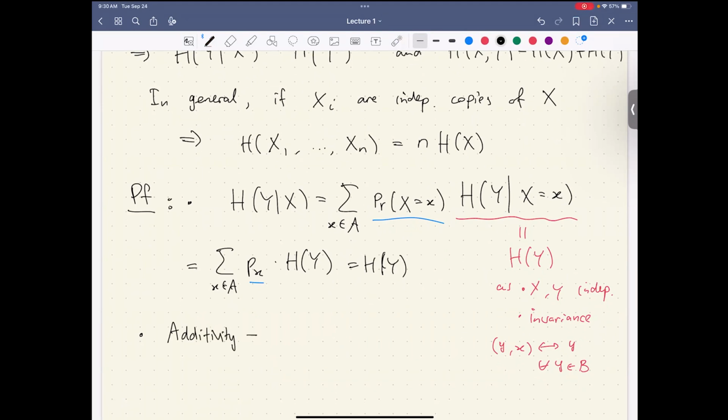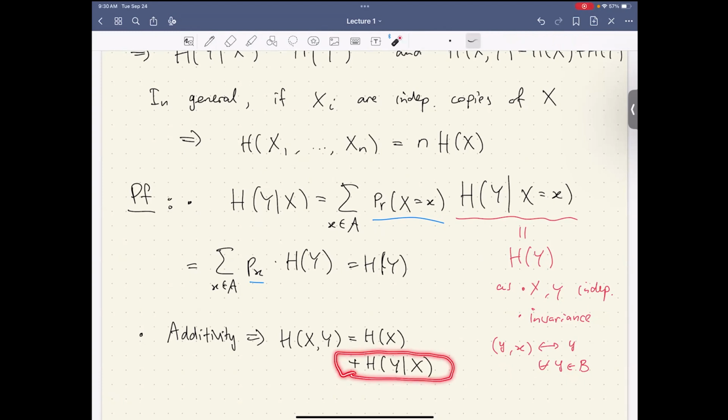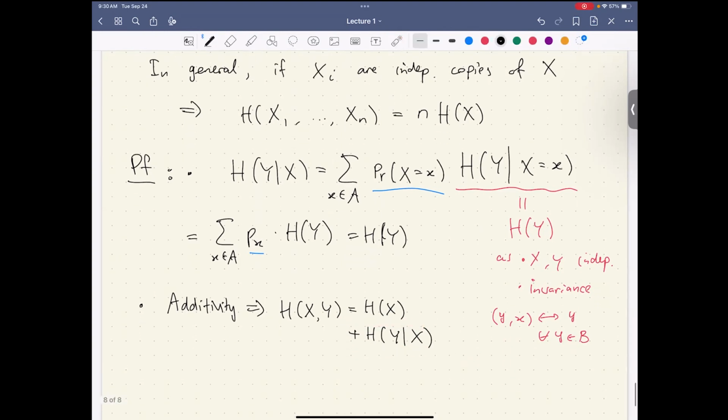Remember what additivity says: the joint information equals the information you get from X plus the information you get from Y additionally on top of X. Since X and Y are independent, by the first part, this equals H of Y. And that's it.